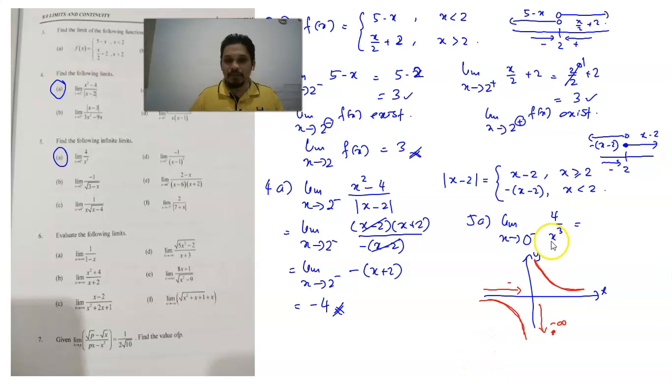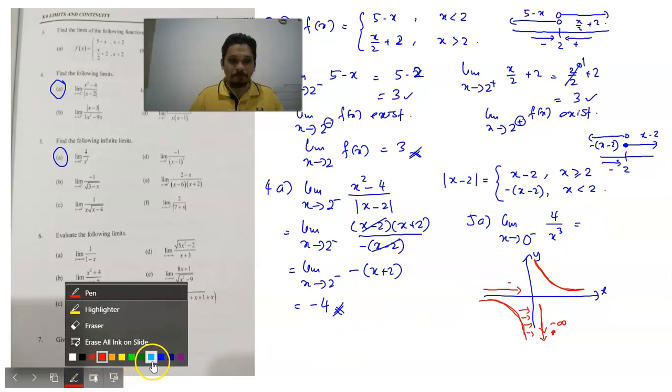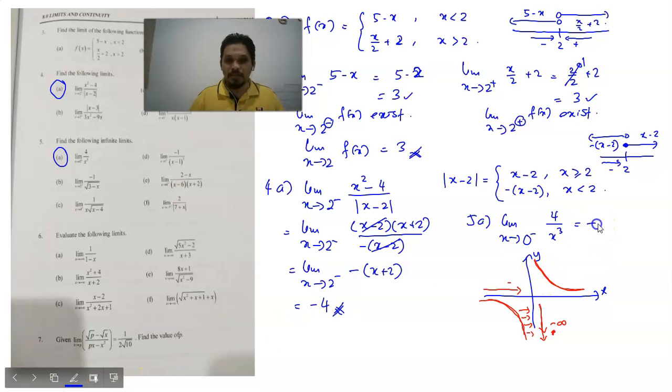So from here, when x approaches 0 from the left, you can see the movement of the value of y one by one. The value of y is getting smaller and smaller toward negative infinity. So we come up with the conclusion that it is equal to negative infinity.